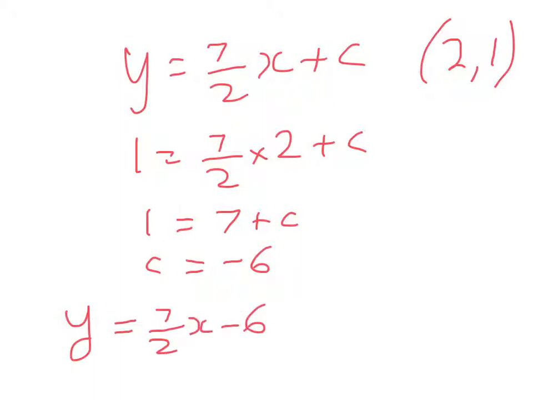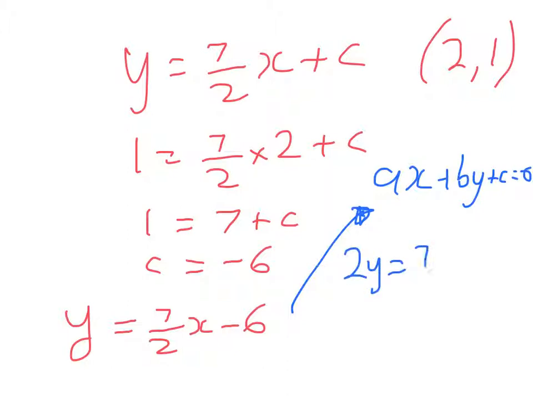That's in gradient intercept form. If you'd like to do it in general form, which is the more elegant way that looks like this, the first thing I would do is to multiply all the terms through by 2, and we get 2y equals 7x minus 12. Then we'll have 0 equals 7x minus 2y minus 12.